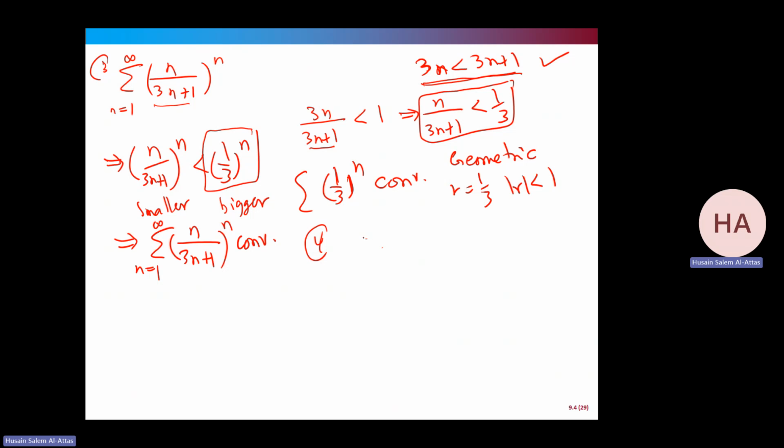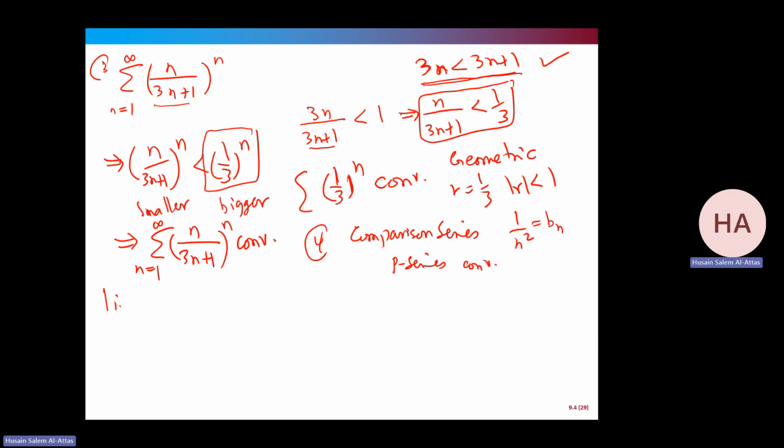So let me do comparison with the series 1 over n squared, which I know is bn, the n term that you compare with. This is convergent, a p-series, converges. This is the n term of it.